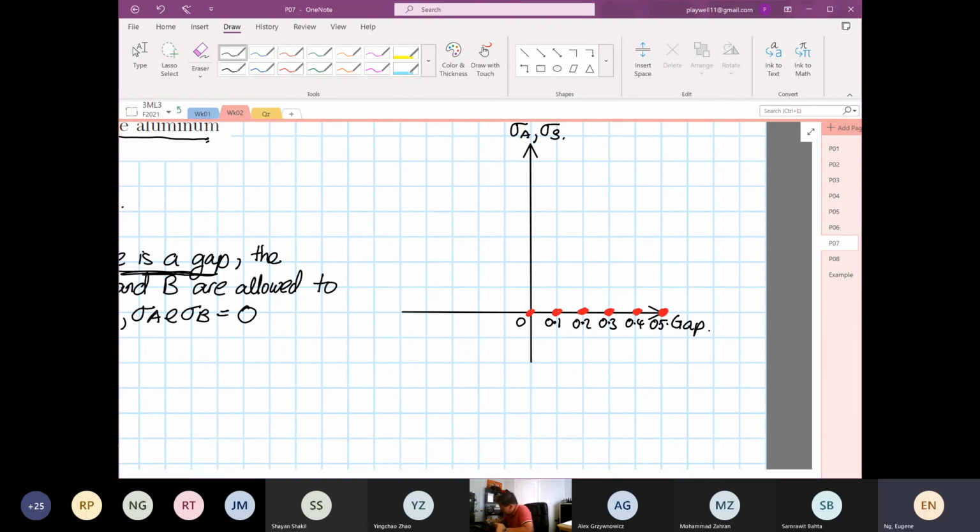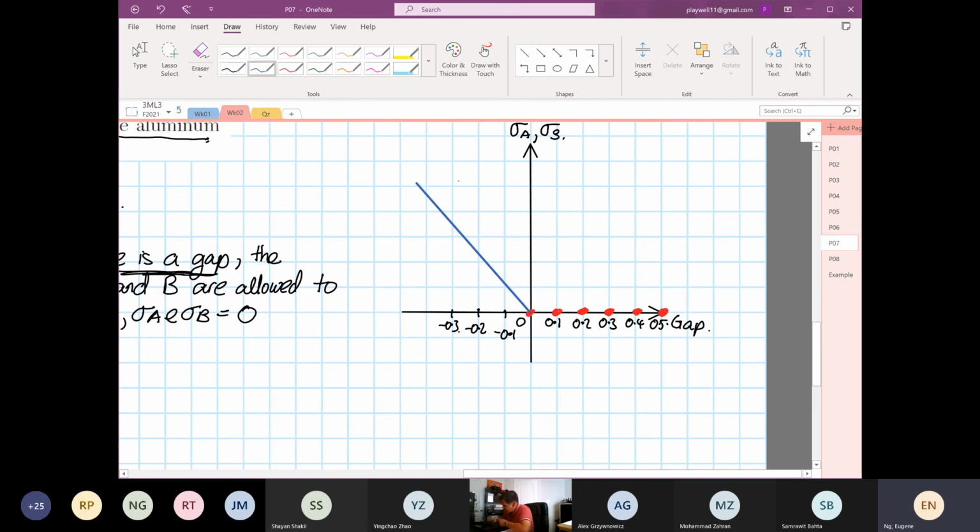Now, when the gap gets to be minus 0.1, minus 0.2, it means it's overlapping. Now the gap is 0. What will happen is the stresses will start to increase.